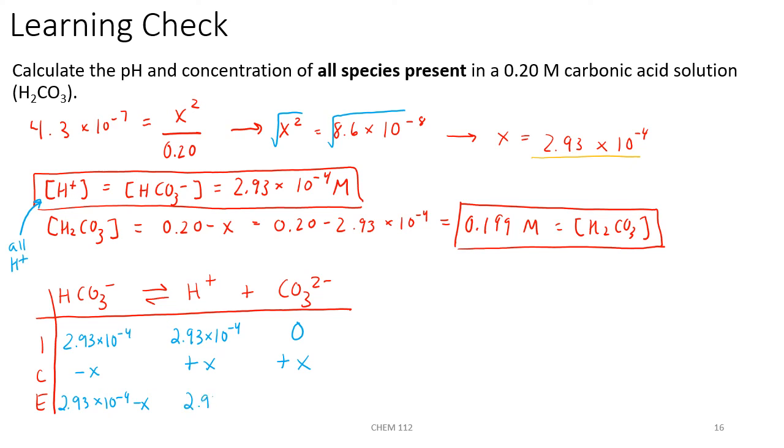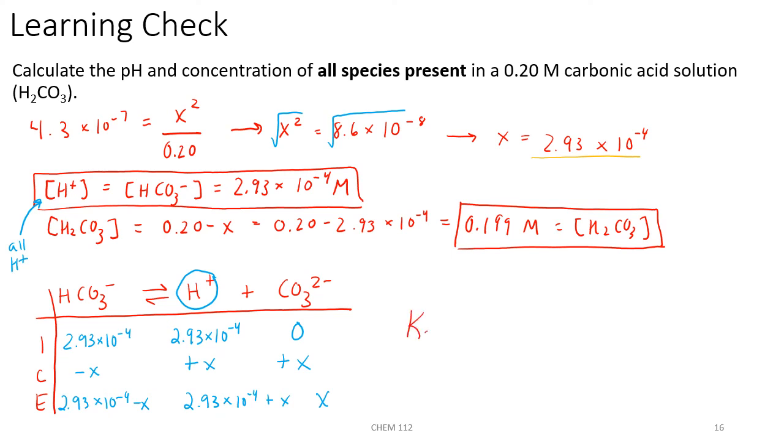The same for the hydrogen ion, 2.93 times 10 to the minus fourth plus X. And then carbonate will just be plus X. So in this case, technically we're supposed to form a little bit more hydrogen ion from this second dissociation step. It'll be what we had initially plus X, however much the hydrogen carbonate ion dissociates.